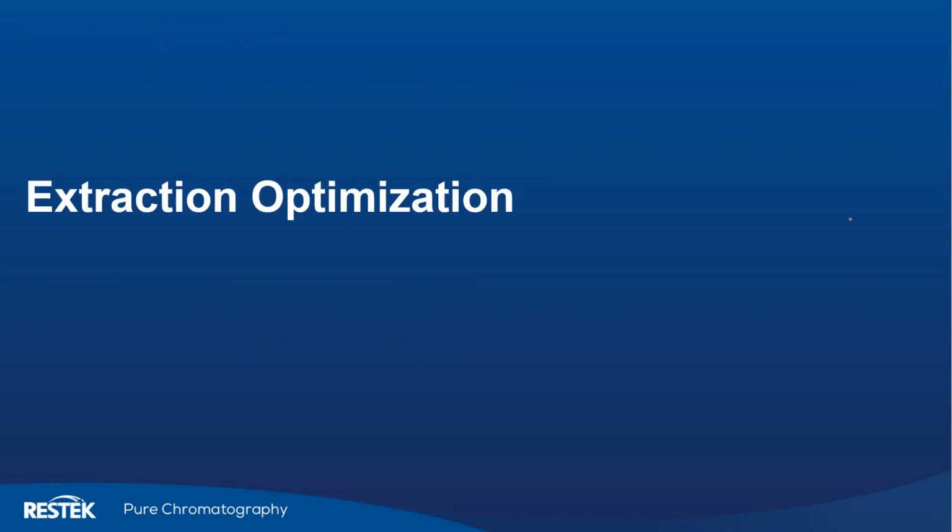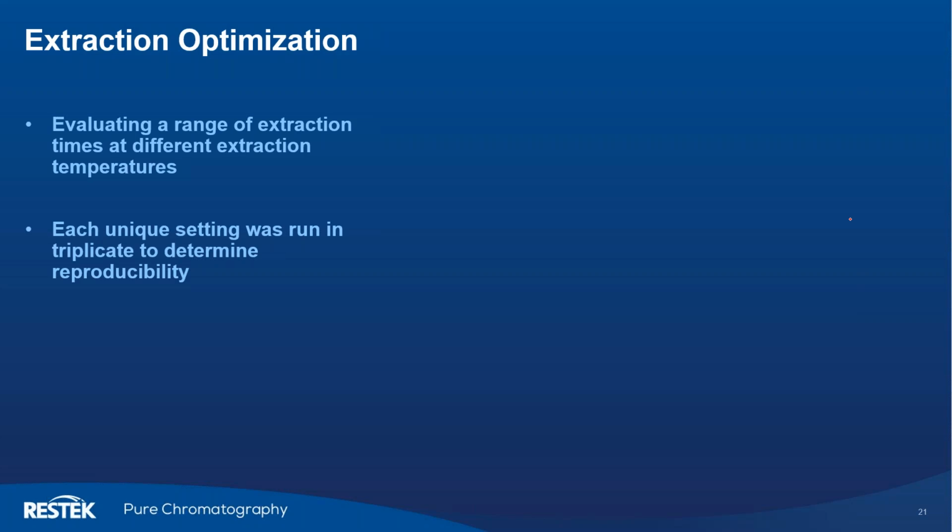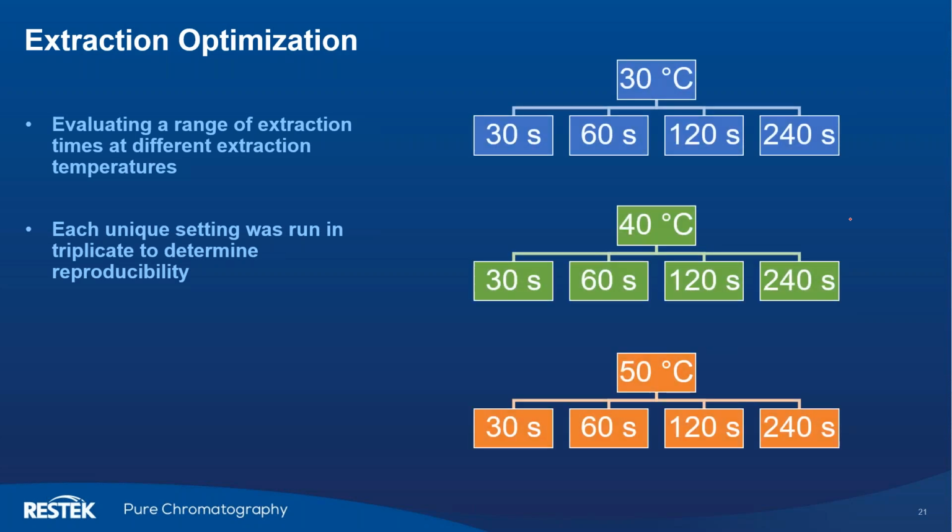Now, moving into extraction. Once we've identified the phase, we start to optimize our extraction parameters by evaluating a range of extraction times at different temperatures, right? Each unique setting will be run in triplicate to help determine reproducibility. So this might look like the following.